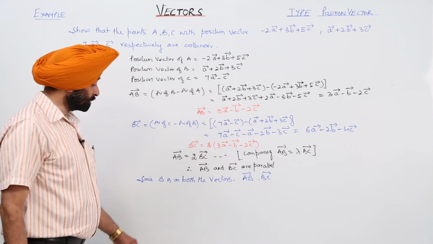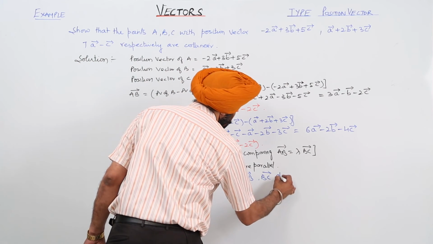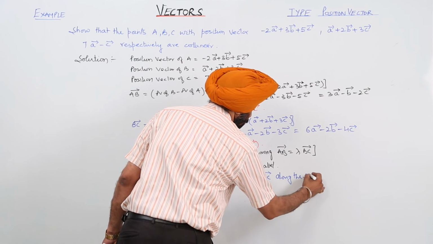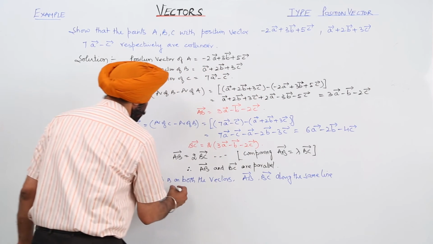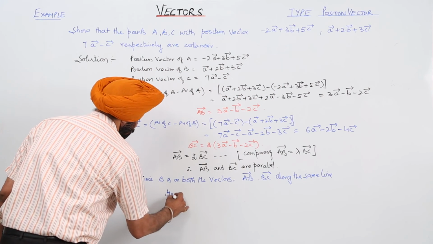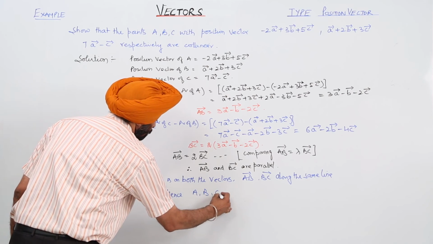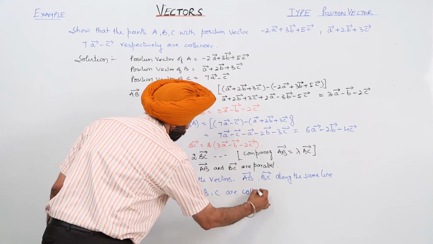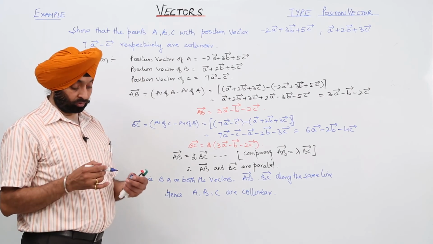Okay, since B is on both the vectors AB, BC along the same line, hence A, B, C are collinear. Okay, so this was what we have to prove.